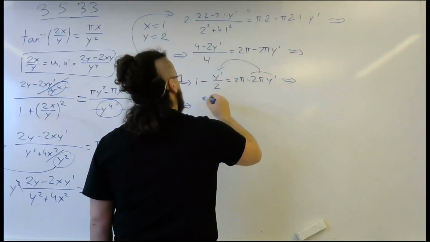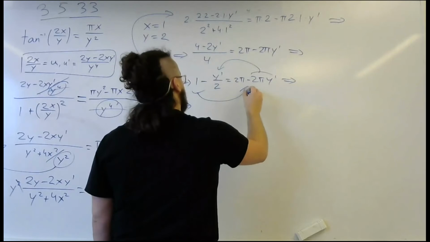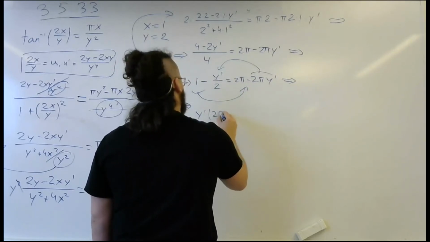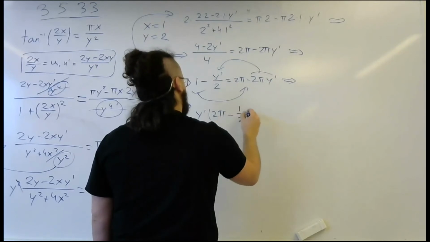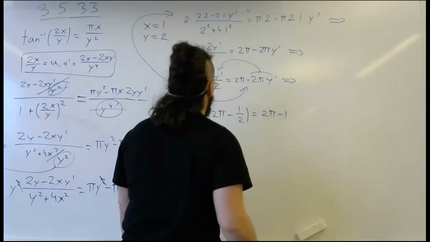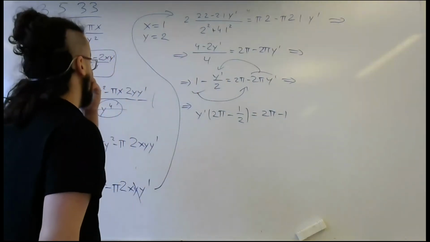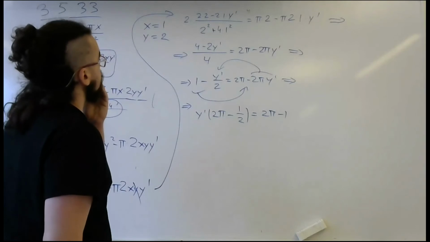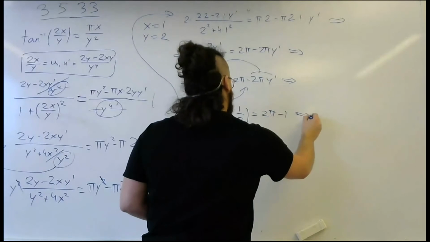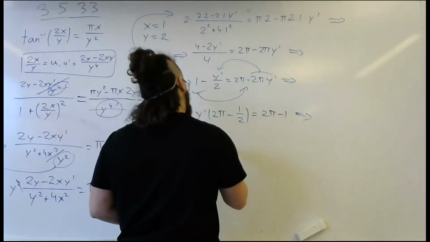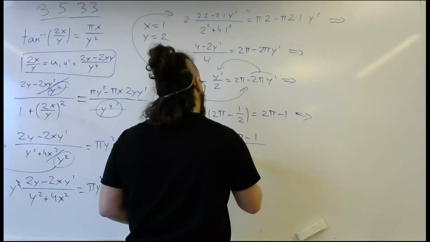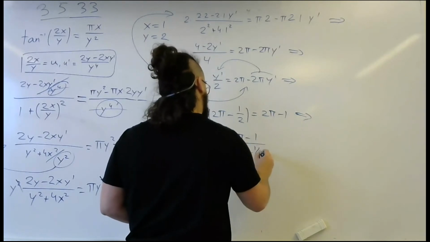This thing goes here, this thing goes here, and we have y prime that multiplies 2 pi minus 1/2 is 2 pi minus 1. Fair enough. With this, we have that the slope is 2 pi minus 1 divided by 2 pi minus 1/2.